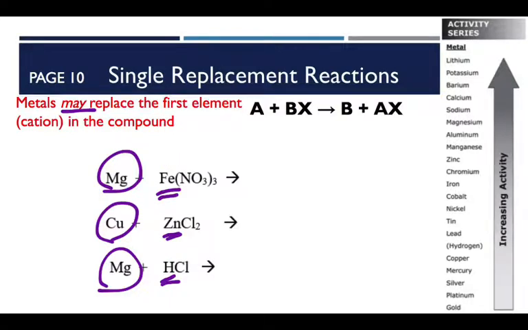So, notice though that I said may replace that first element in the compound. It's not necessarily always going to happen. The reason why is because of this activity series arrow thing that you see over here on the right side of your page. Remember that we called these single replacement reactions the homewrecker reactions because we got this single element that doesn't want to be single anymore.